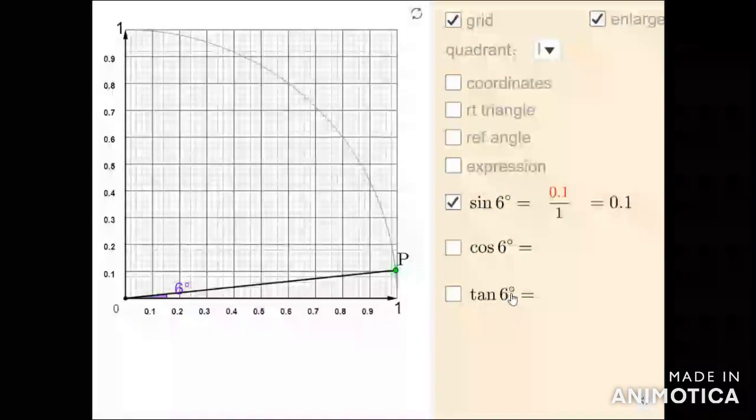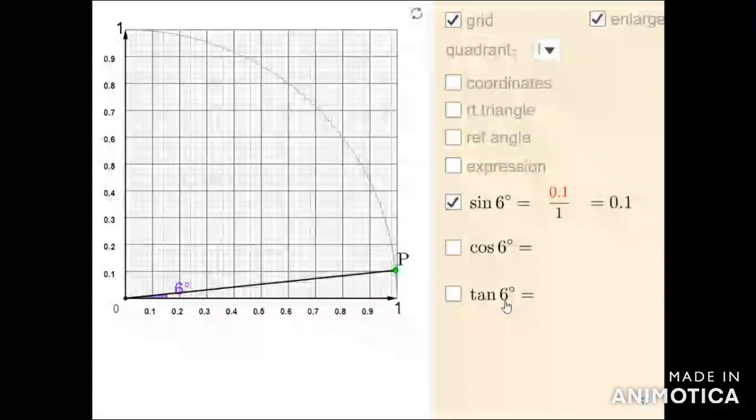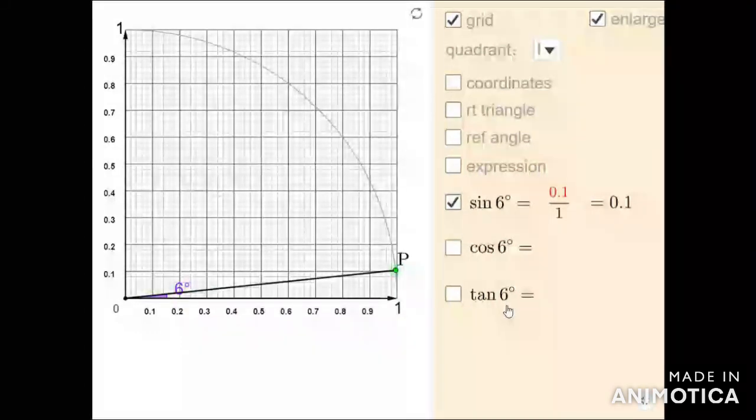You know the definition of trigonometric functions: sin x is equal to the y coordinate of the point P, that is B, where x is the angle made by OP with the positive direction of the x axis.